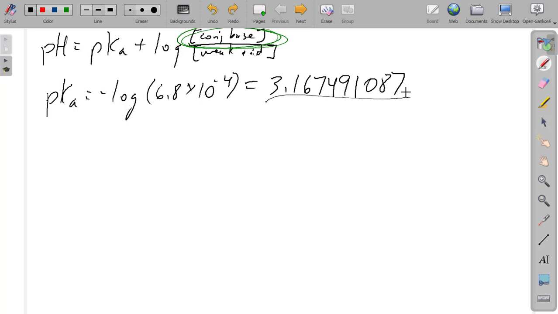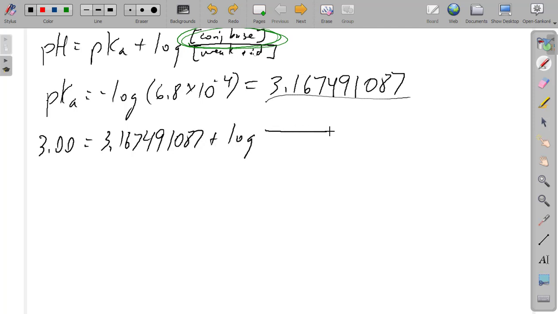Then if we begin working with this, we have 3.00 equals 3.167491087 plus log of, and now we don't know the conjugate base, but you do know the concentration of the weak acid. The problem tells you that you have 1.00 molar hydrofluoric acid. For the moment, ignore the volume.